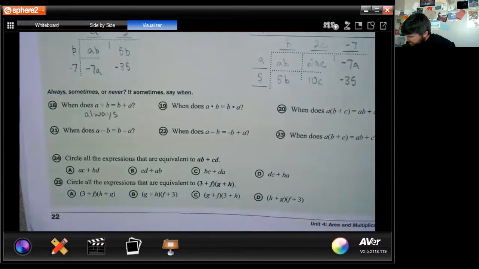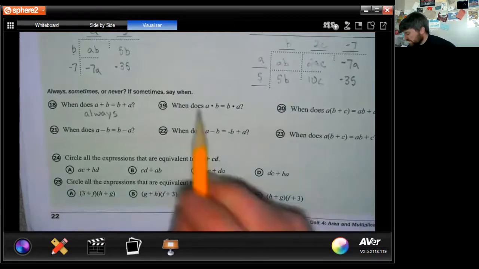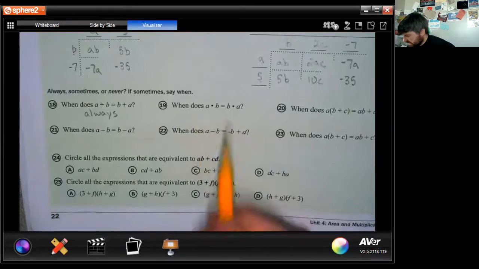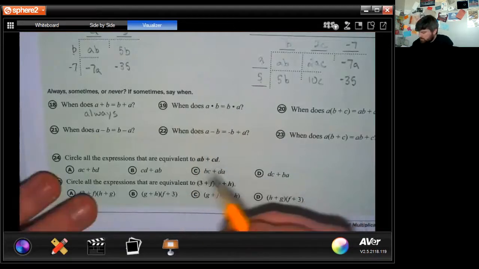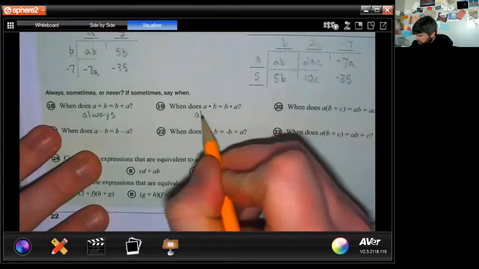When does a times b equal b times a? Okay, that is also always.